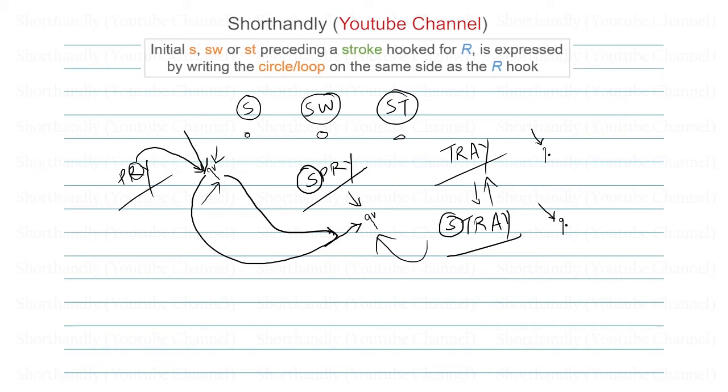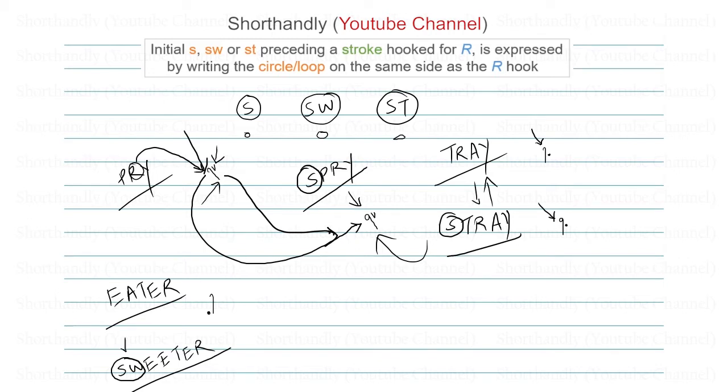Let's take another example, a word called eater. Eater will be written like this. But what if we have another word called sweeter? We'll do the same thing, but now we have SW this time, not S, because if you pronounce it, it goes like sweeter.